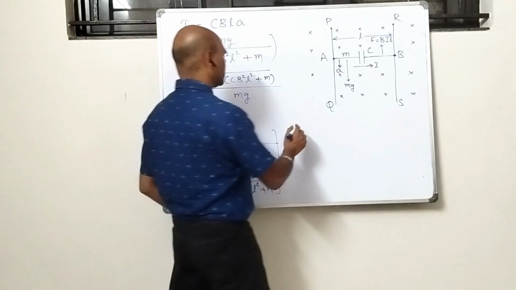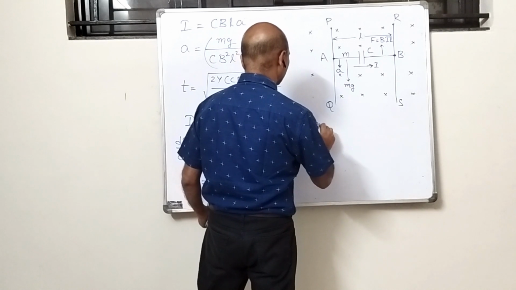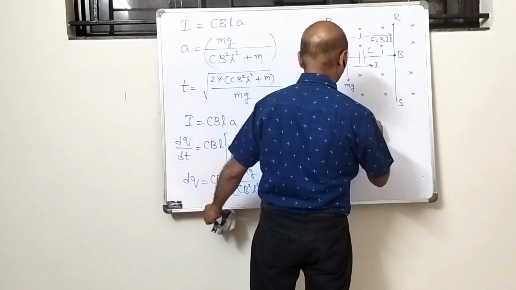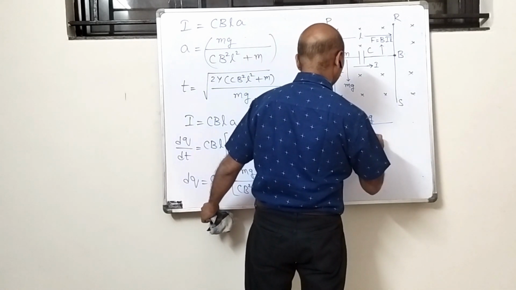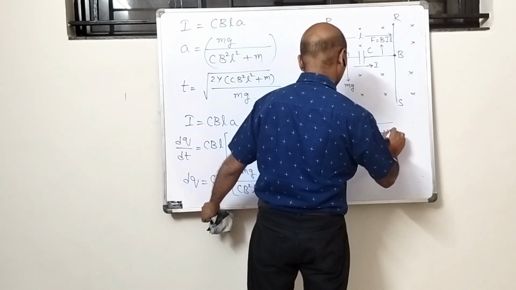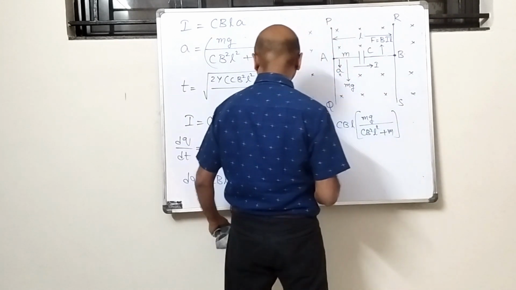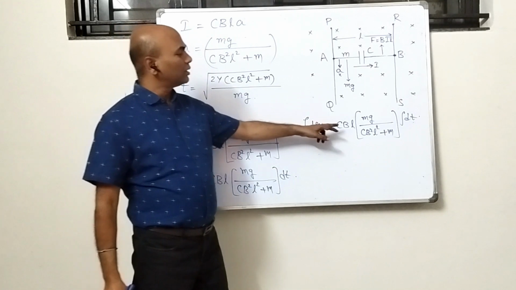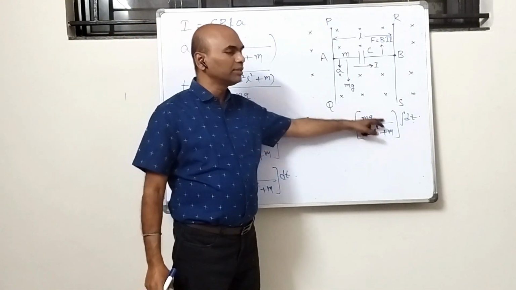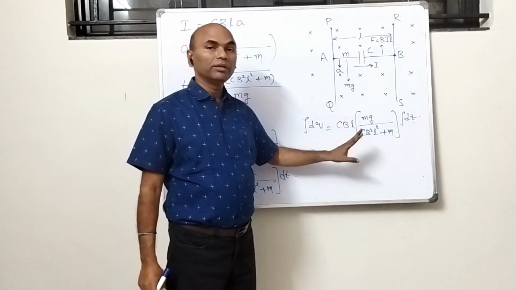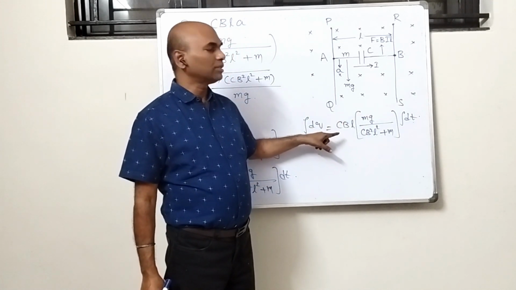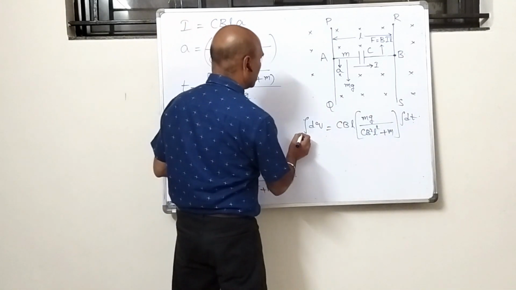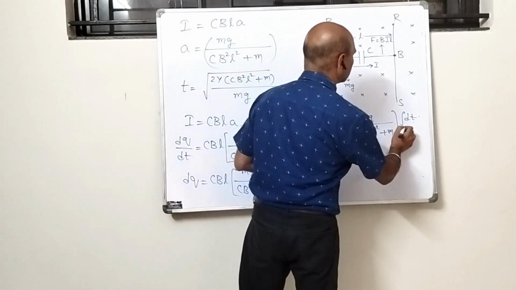Integrating both sides, I have integral dq is equal to CBL into mg by CB square L square plus m, into integral dt. Since all these terms are constants, I would bring them all outside the integration. The only integration is for the time dt, from charge 0 to q and for time 0 to t.